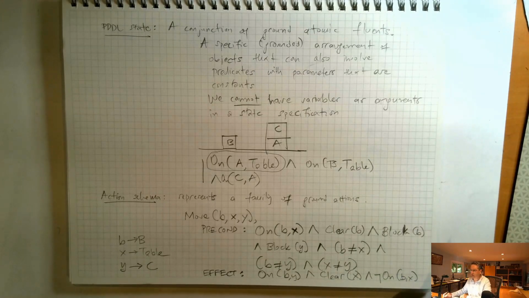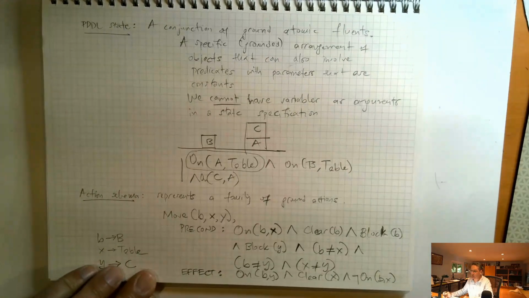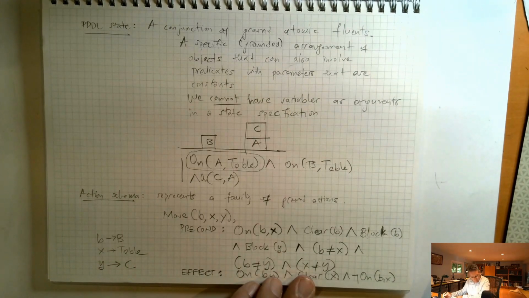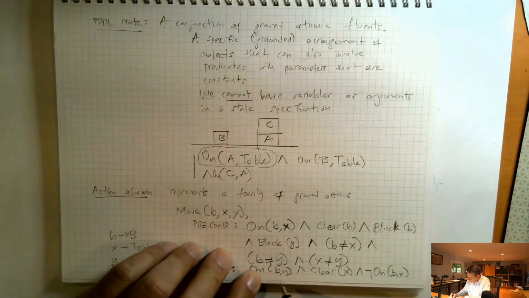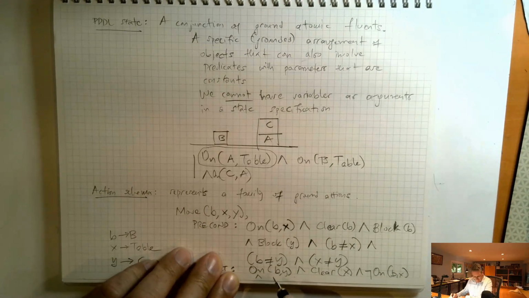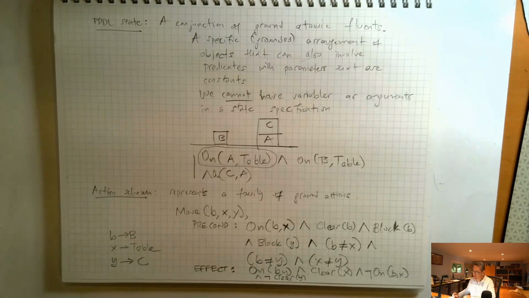That is fairly intuitive. And I'll try to squeeze another last effect over here: the clear of Y is not true anymore, evidently because now B went on top of it and therefore Y stopped being clear.